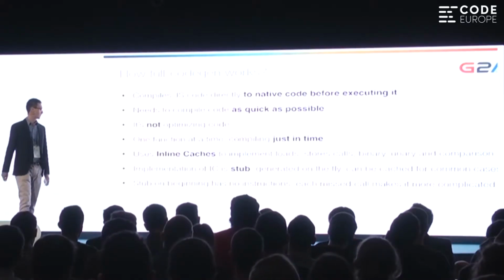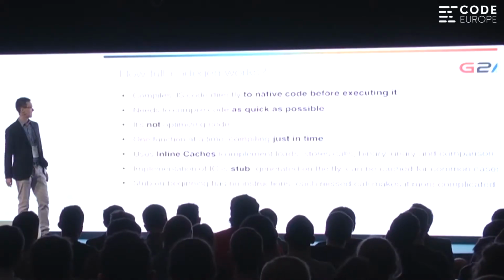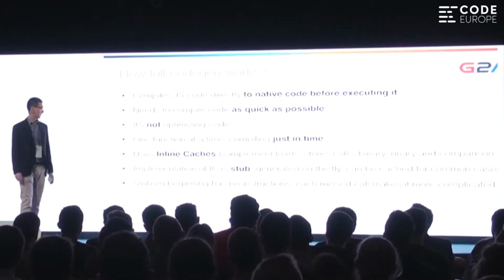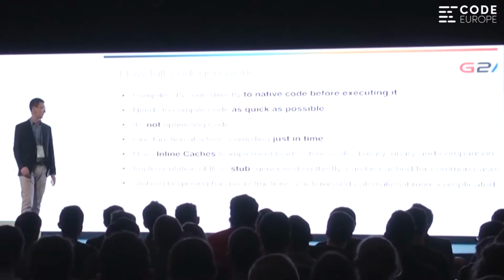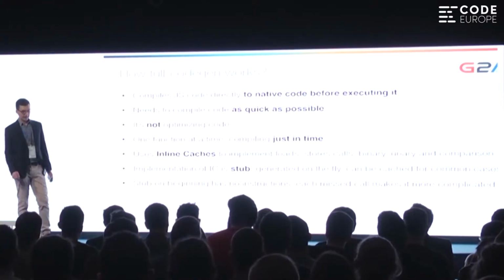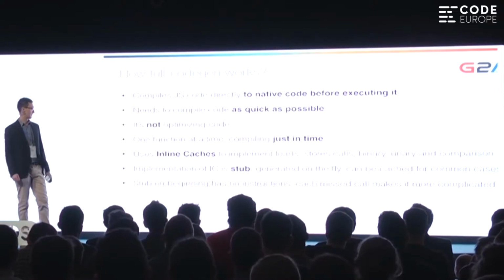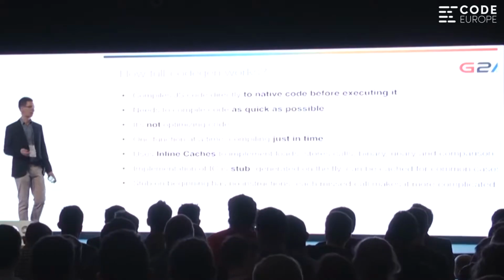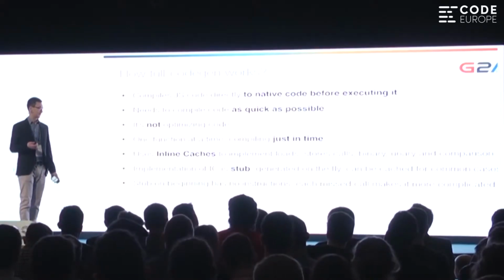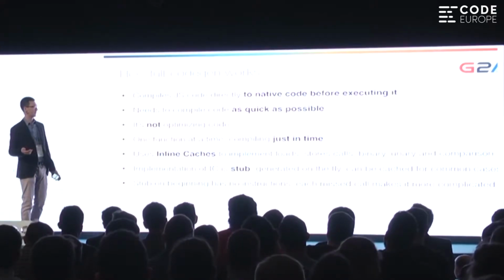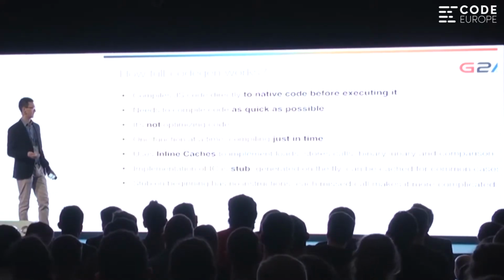A very important thing is that it uses inline caches to make code more efficient, and the implementations of these are called stubs. These stubs can react to some specific cases, which makes your code more efficient. When you call something with an integer, you know that it's always an integer. You don't have to check for other stuff.